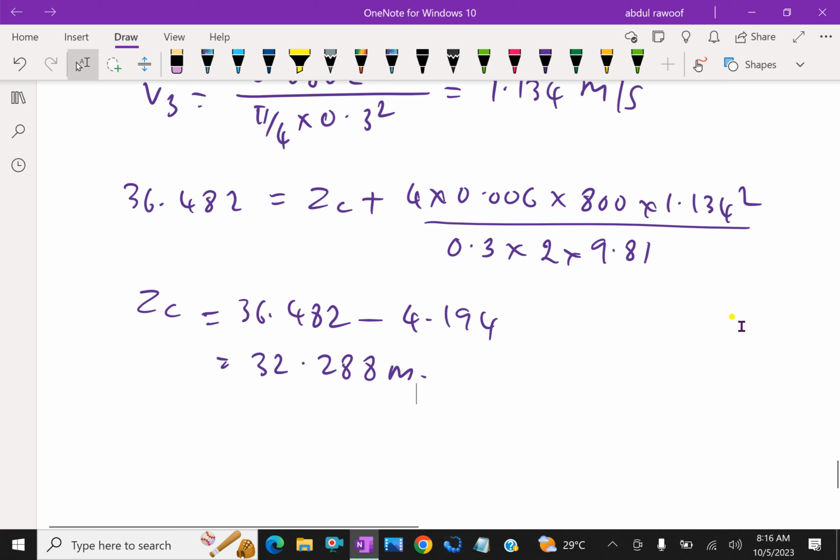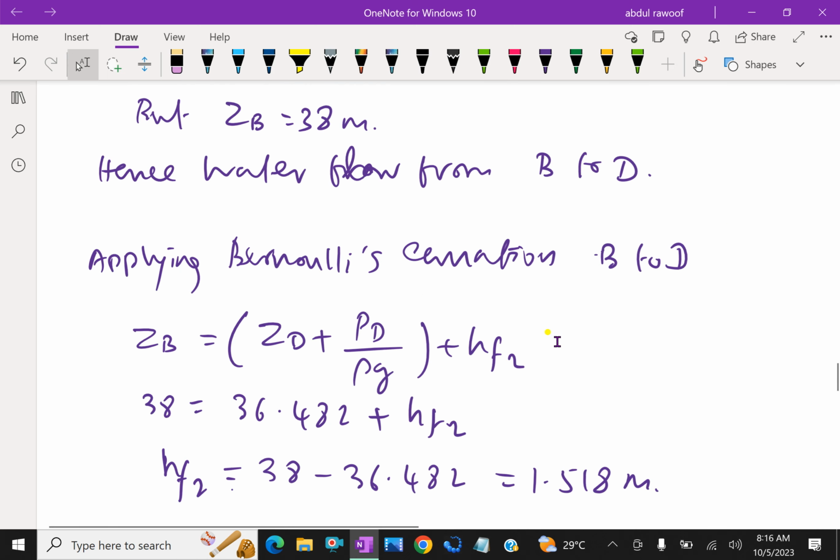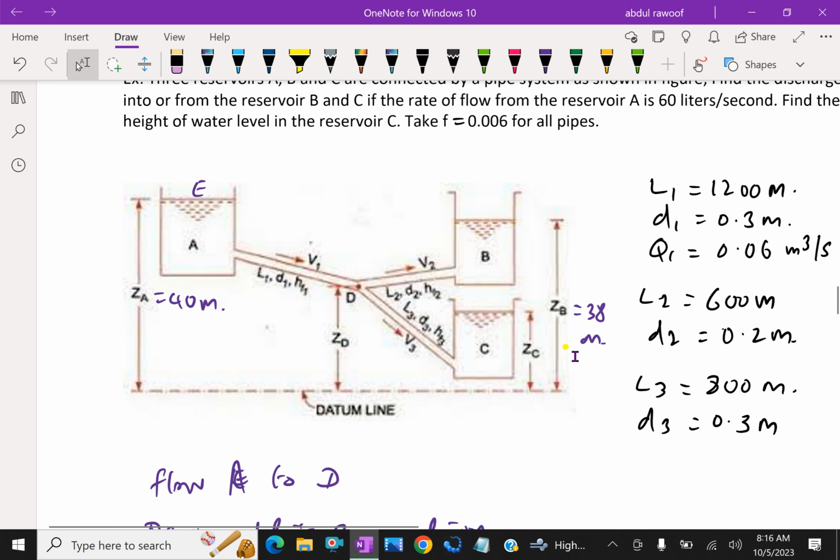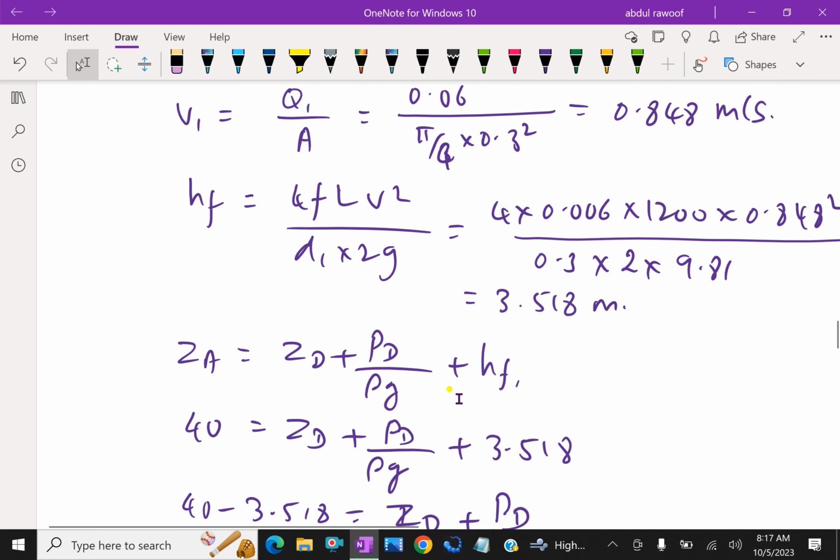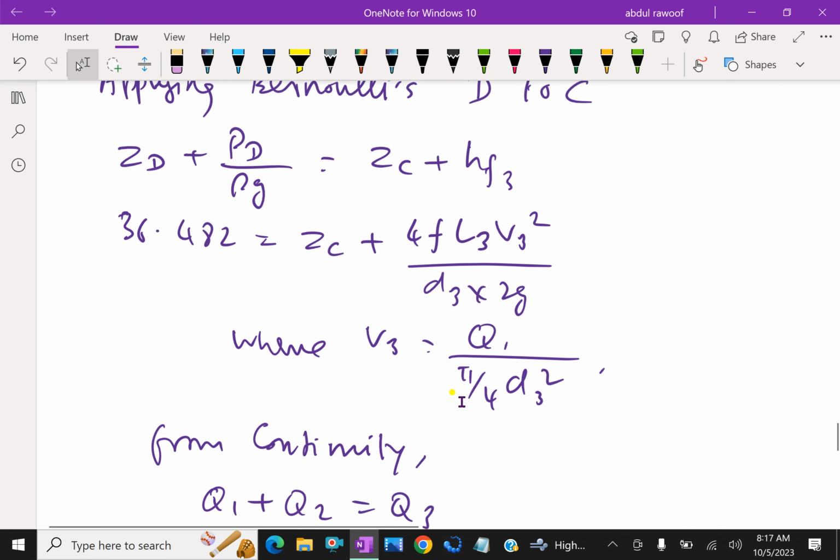That is ZC, the datum of point C. We have calculated the required things now.